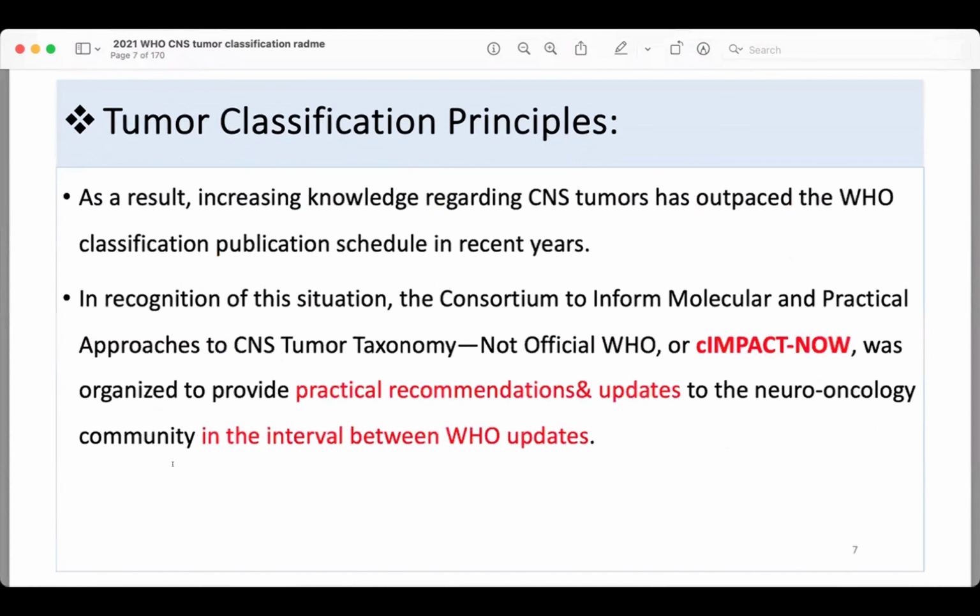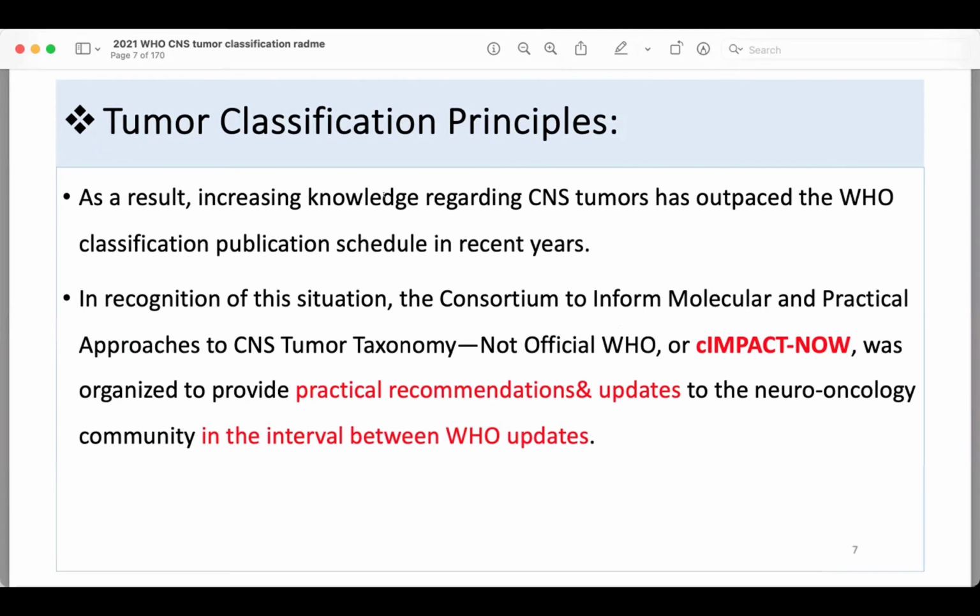And there is a small subdivision of this famous organization. It is named the Consortium to Inform Molecular and Practical Approaches to CNS Tumor Taxonomy, not official WHO. Because as I told you, the WHO only gives the editions in a timed manner every 5 years or so.